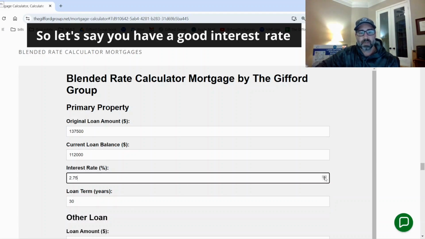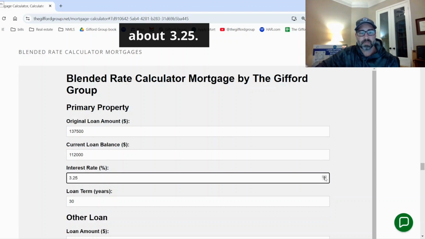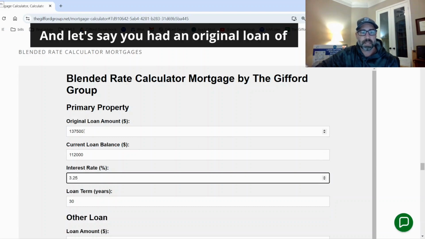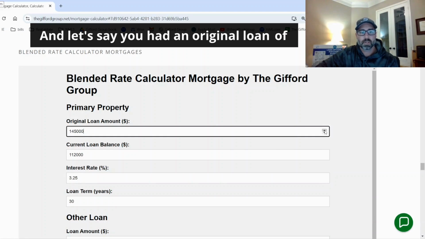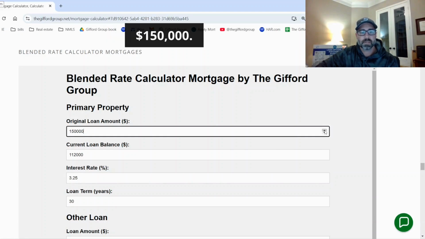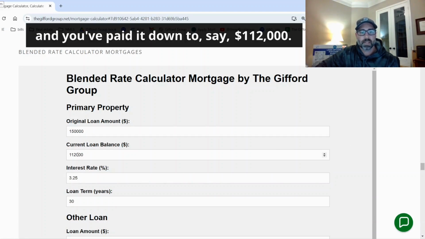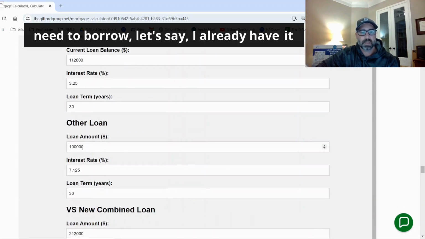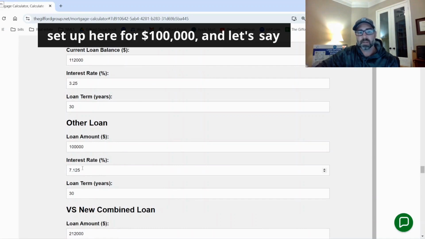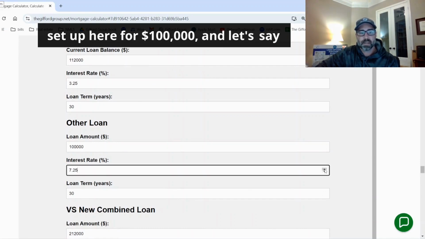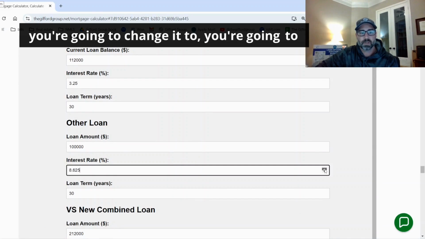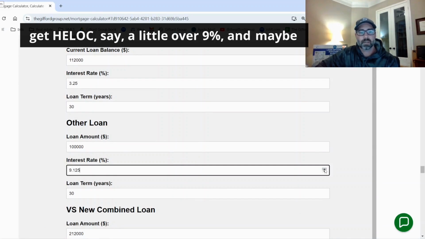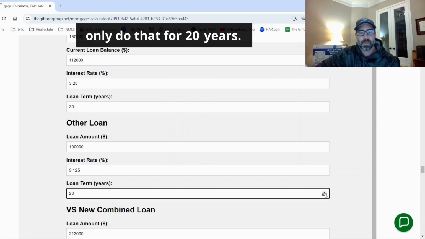So let's say you have a good interest rate of about 3.25, and let's say you had an original loan of $150,000 and you paid it down to say 112. And so you're looking, okay, I'm going to need to borrow, and I already have it set up here for $100,000, and let's say you're going to get a HELOC at a little over 9%, and maybe you only do that for 20 years.